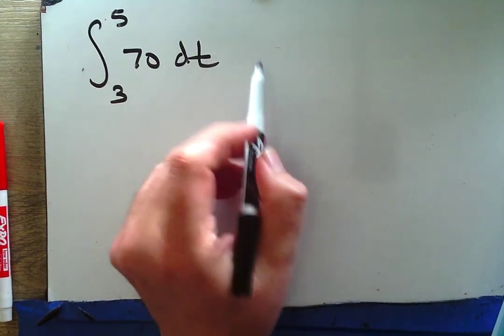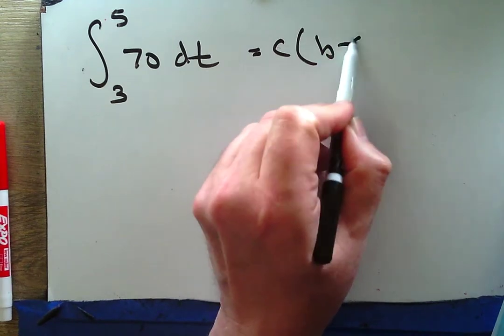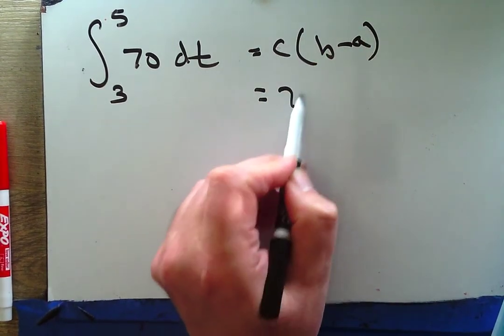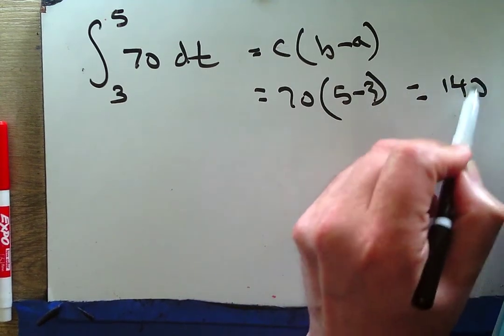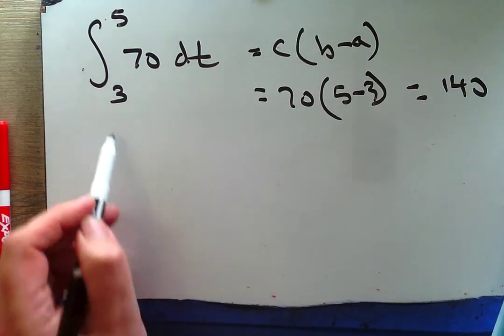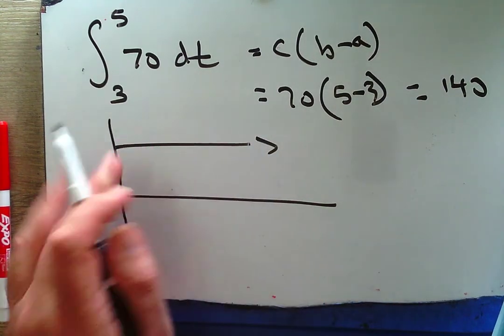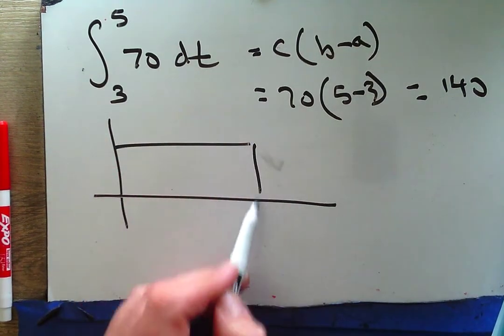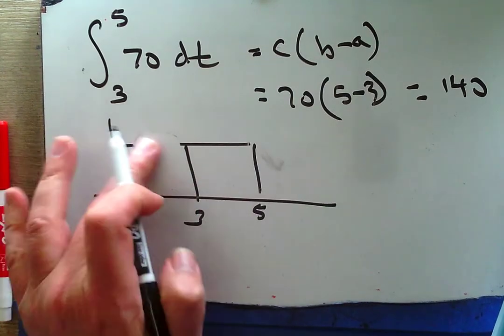And of course, you could certainly do the constant times b minus a, which in our problem is 70 times 5 minus 3, or 140. But we want to appeal to the geometry of the situation because that's what we were told to do in the directions. So let's see what that could be.